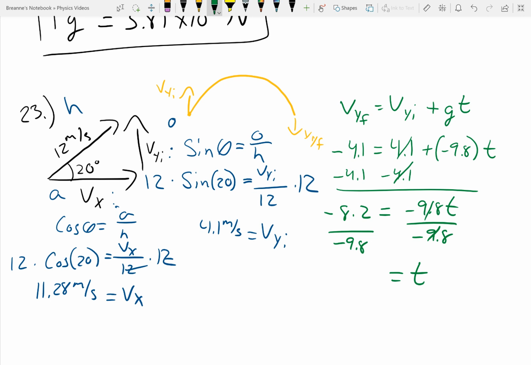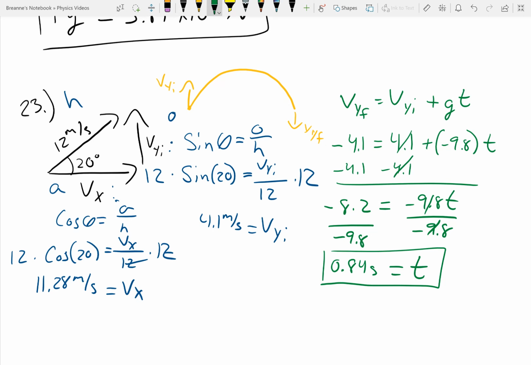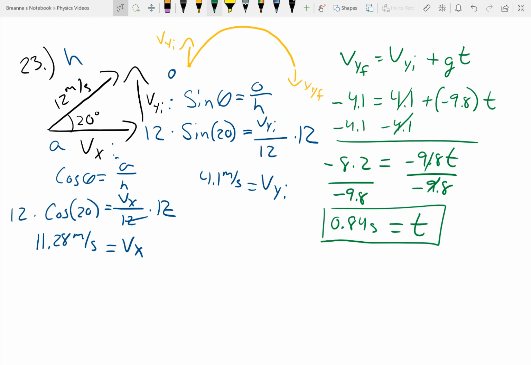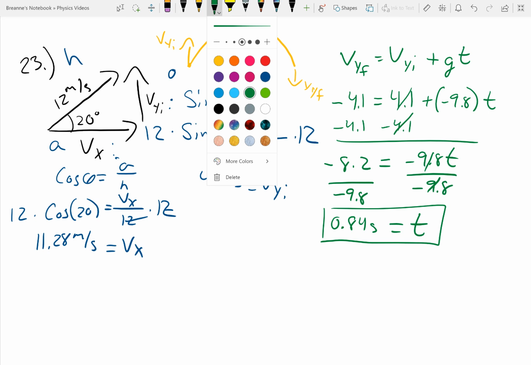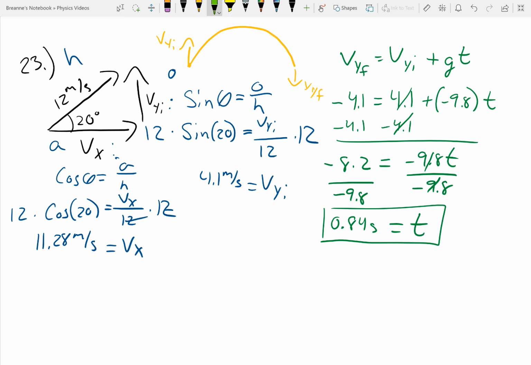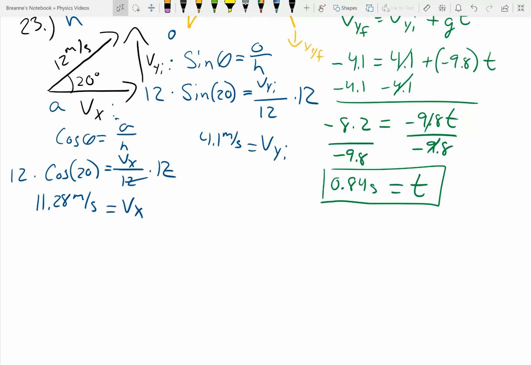So that gets you 0.84 seconds. So that's one way to solve it. That's the main way to solve it. So that's your time.